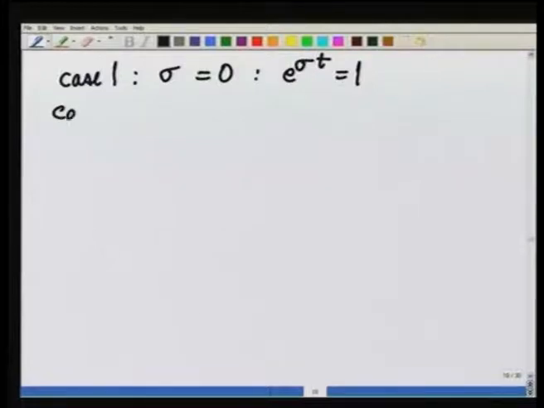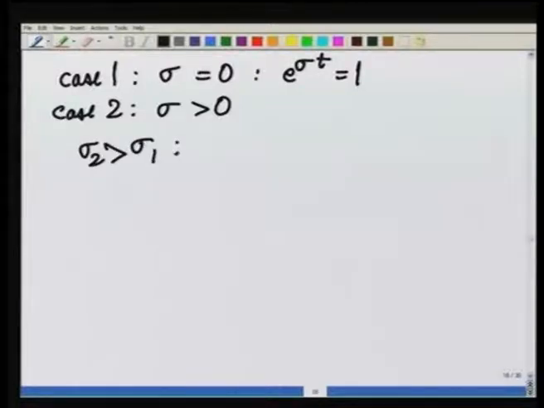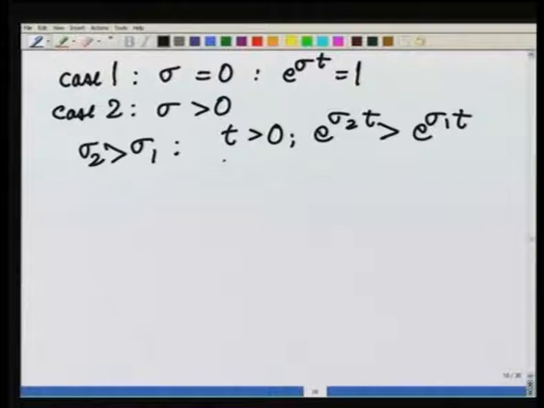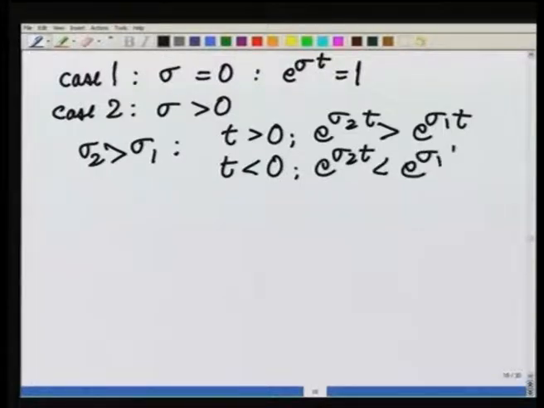Next, case 2, sigma greater than 0. In this case, if sigma 2 is greater than sigma 1, then for t greater than 0, e to the sigma 2 t is greater than e to the sigma 1 t, and for t less than 0, e to the sigma 2 t is less than e to the sigma 1 t.